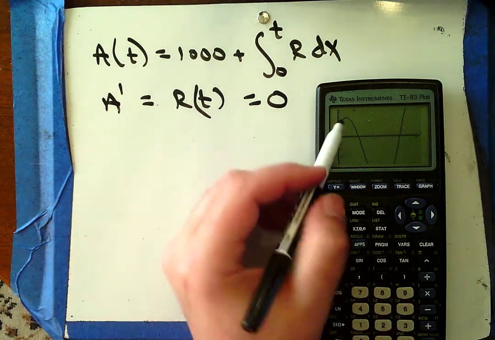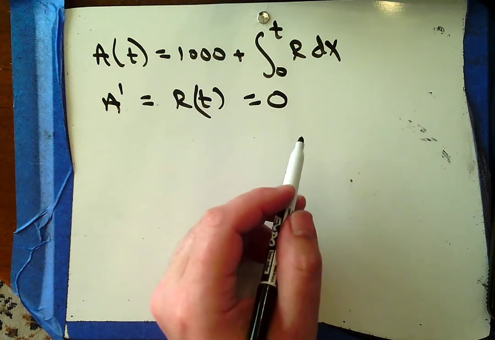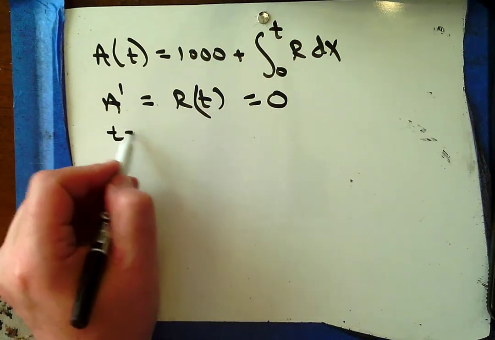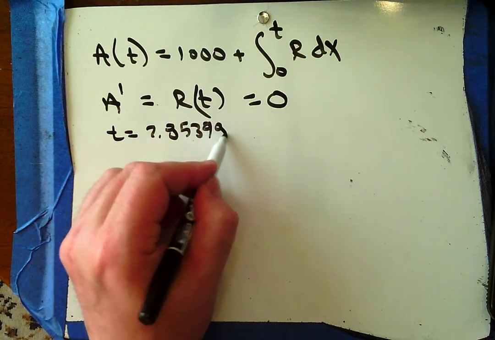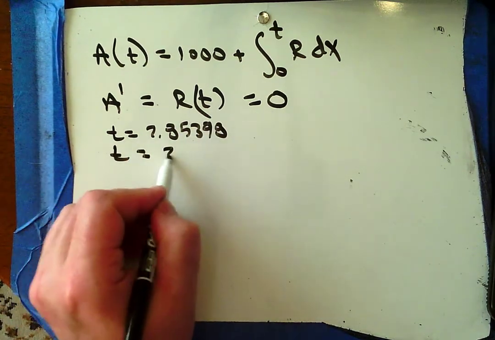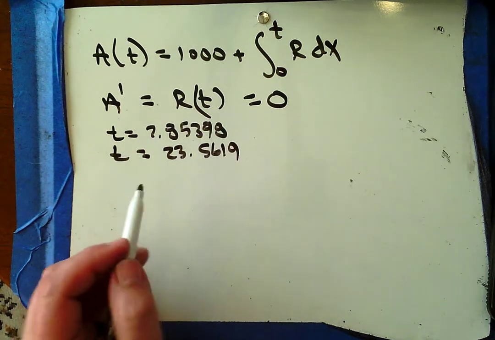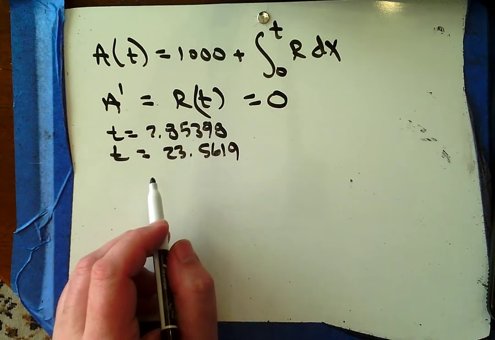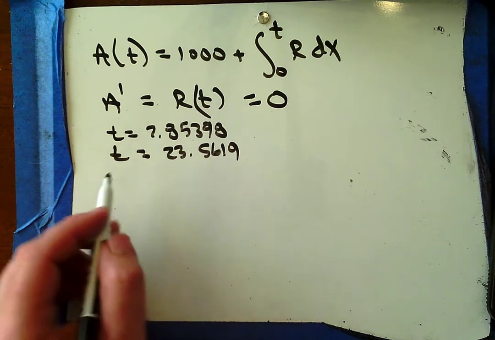Okay, and so if I do second calculate intercept, I find those points to be t equals 7.85398 and t equals 23.5619. Okay, so I need to do a candidates test here to find the maximum. Remember to include 0 and 31.